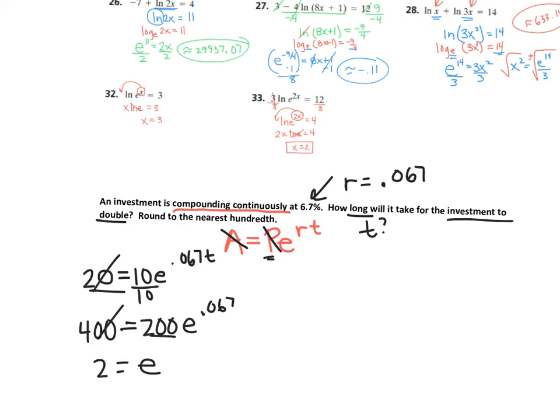So the equation that we're solving is 2 equals e to the 0.067t power.